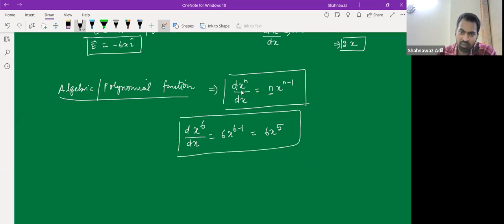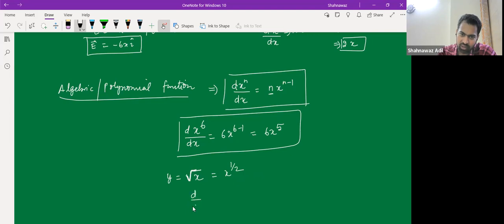Okay. And what about this kind of function? Let's say that my y is root x. So what is the power of x in here? Yes, guys, what is the power of x? Root, square root. So if I change it to the power, this is half, right? Then what would be the differentiation of this?